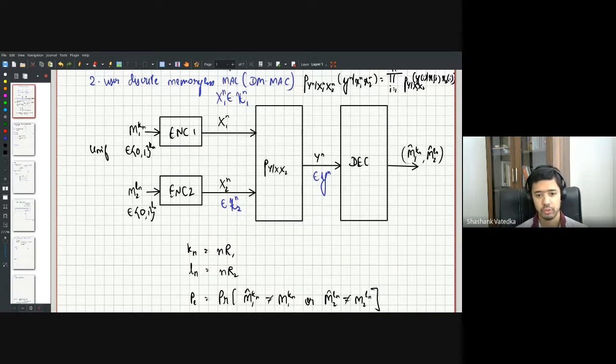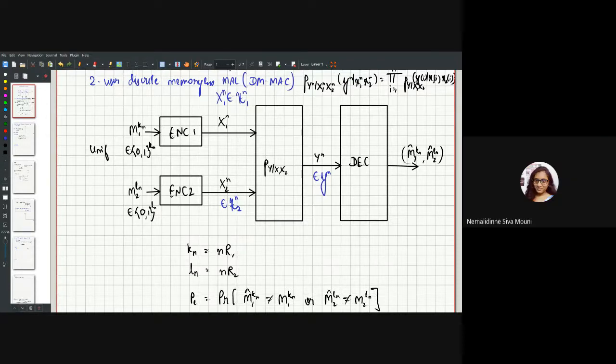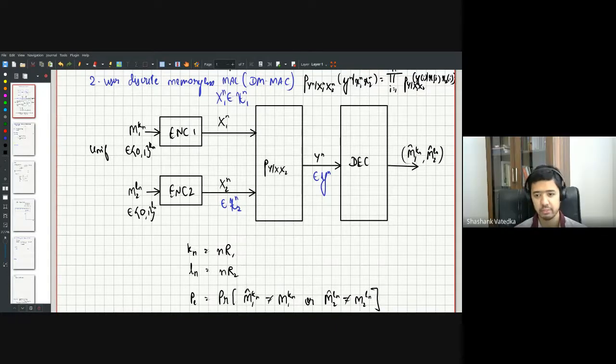But throughout, for all the n channel uses, the channel behaves in an identical fashion. The corruption that is performed by the channel is always identically distributed. So we are not considering time sharing currently. Time sharing, as I mentioned, is a scheme.